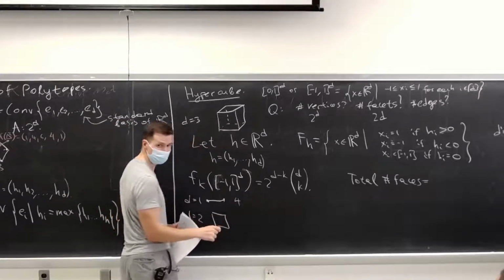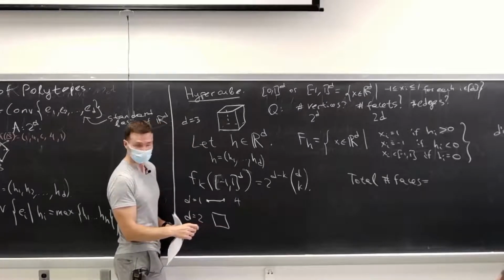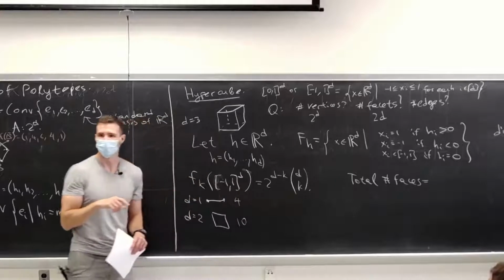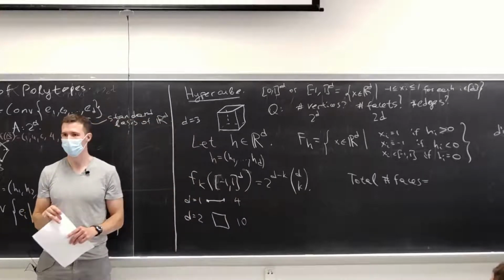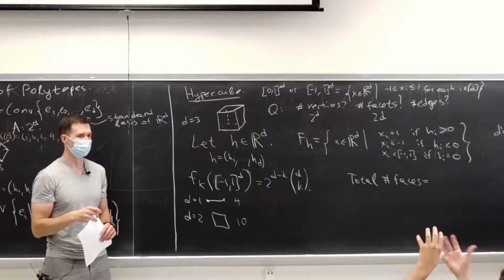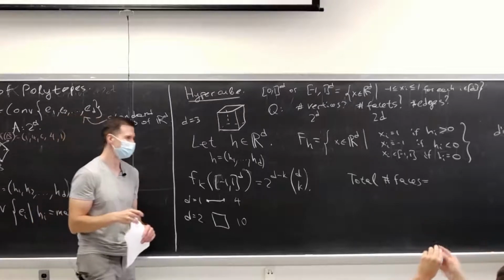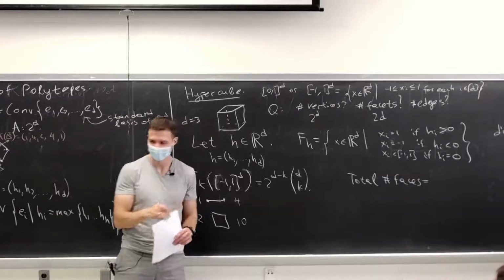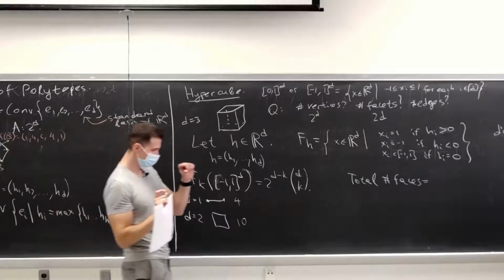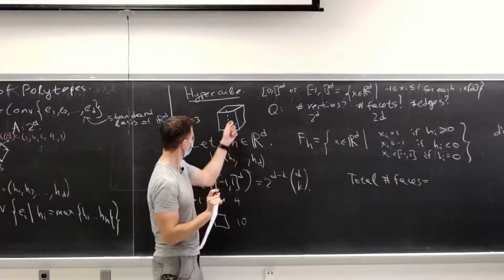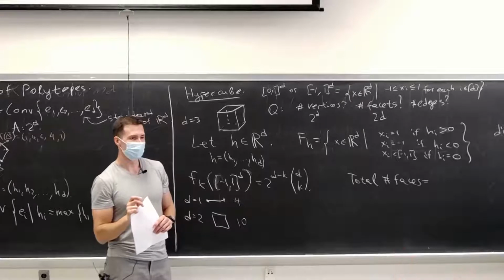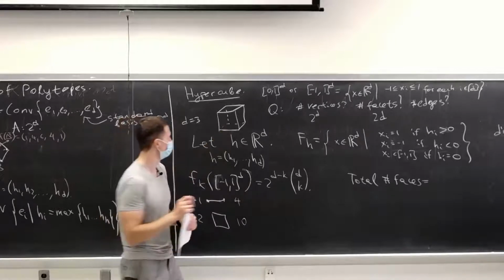Here it's 10. And what about here? Okay. Oh, that's a good point. Yeah, there's the single cube that's inside, which corresponds to the interior, and you have the empty face. Okay. So how many? 28.